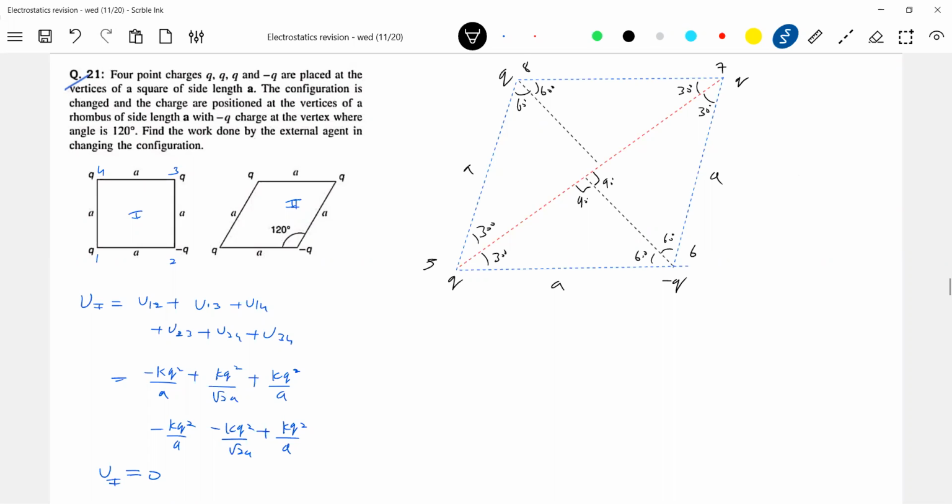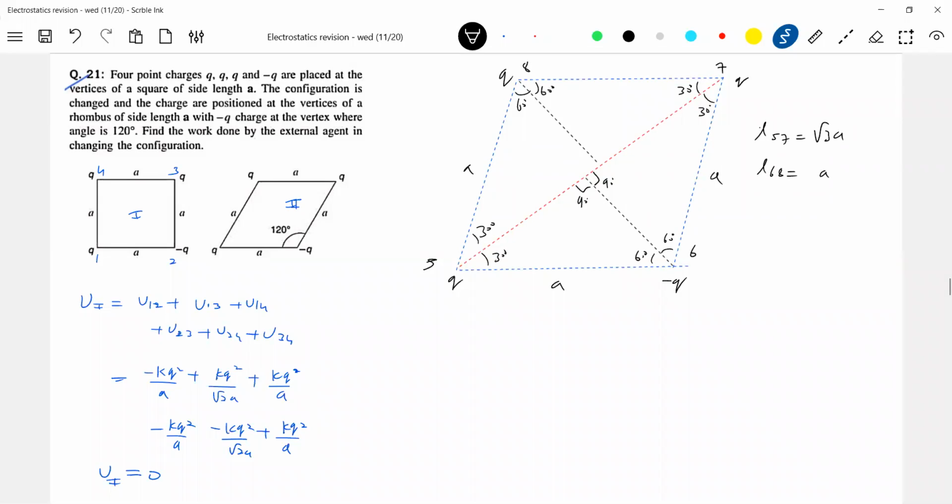Length 5, 7, how much will be length 5, 7? It is root 3a. And then similarly length 6, 8 is equal to a only.